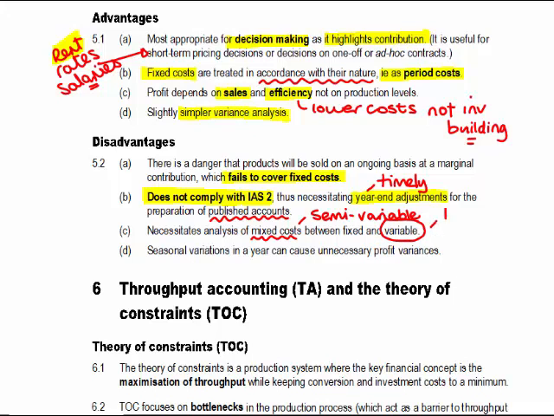Now that means that we might have to use techniques such as the high-low method, or maybe regression. And these are techniques that we're going to look at later on. And the final disadvantage is that if we are in a seasonal business, then there can be some profit variances from period to period because of those seasonal variations.